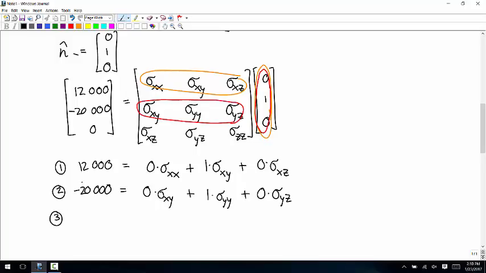And the third equation says 0 is equal to 0 times sigma xz plus 1 times sigma yz plus 0 times sigma zz.